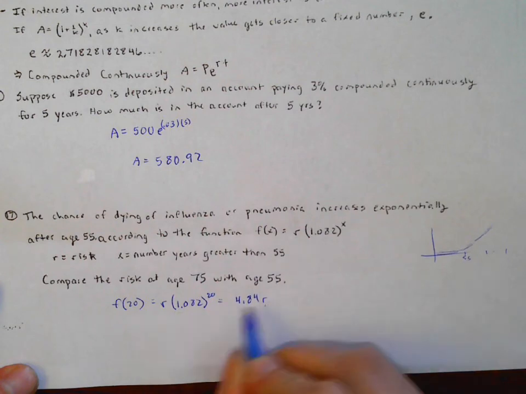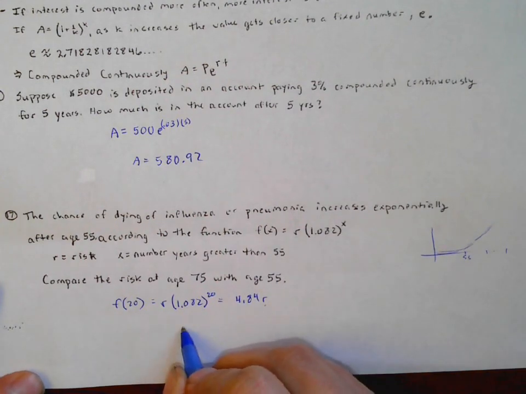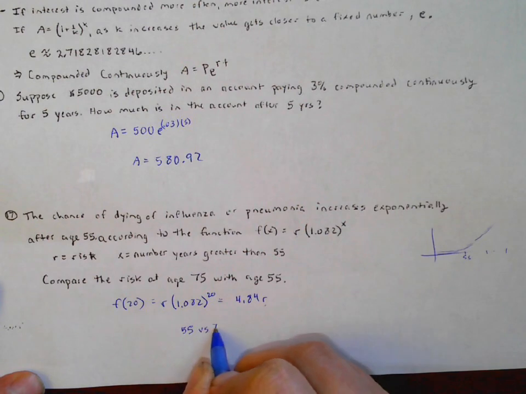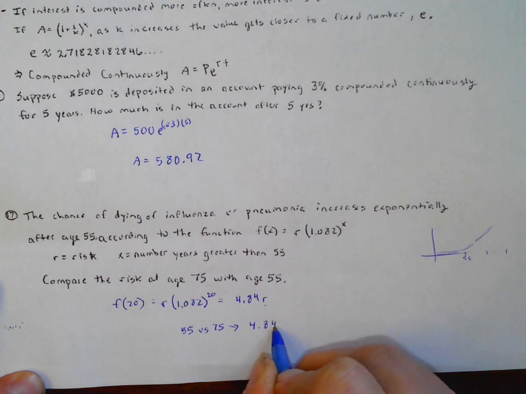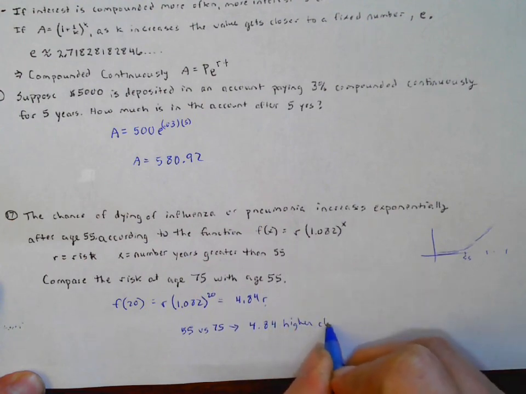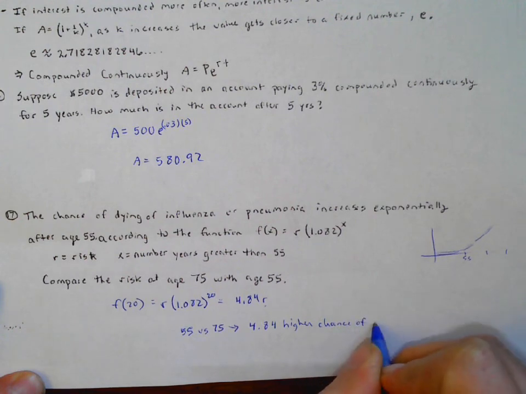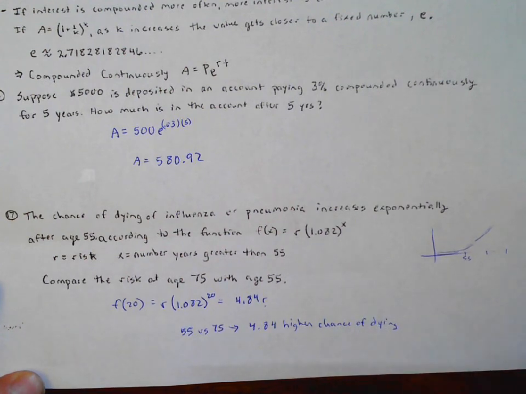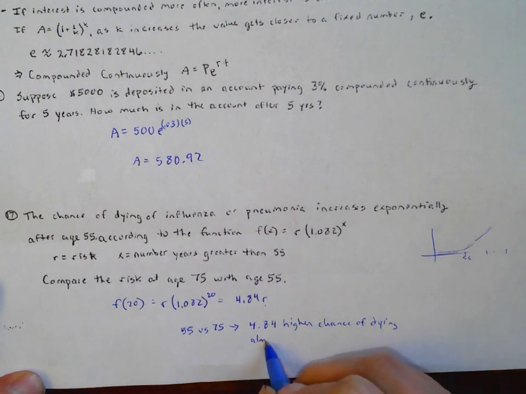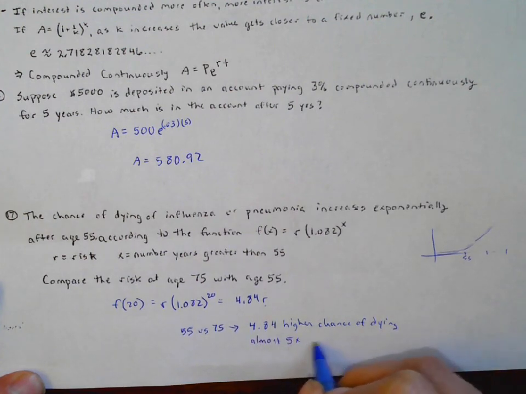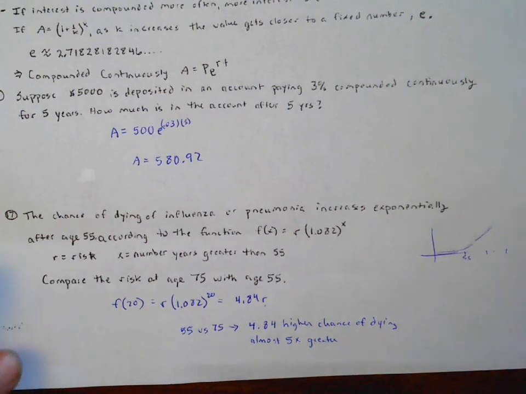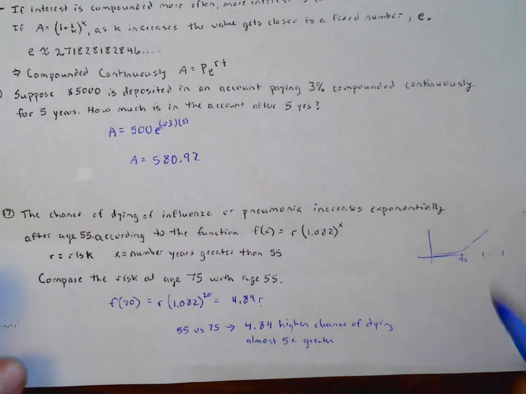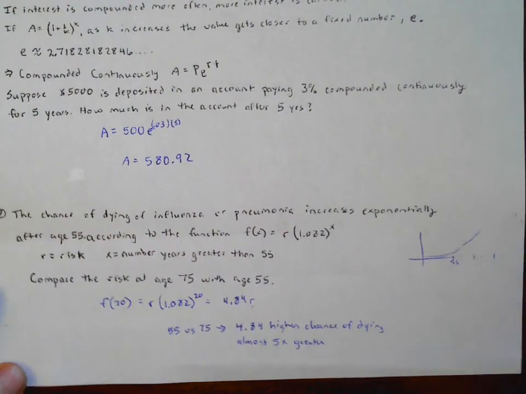So whatever our risk factor is, 55 versus 75, 75-year-olds have a 4.84 times higher chance of dying. Okay, almost 5 times greater. Okay, so we can also apply it to others. Basically any data that rises exponentially, we can use the exponential stuff for.